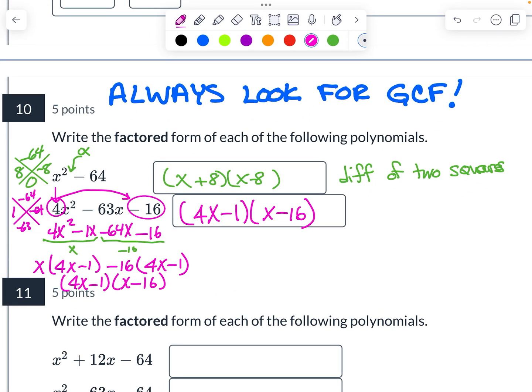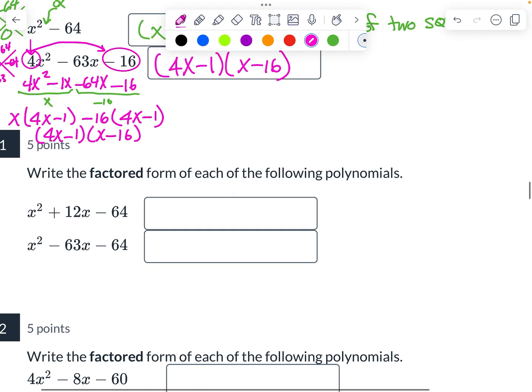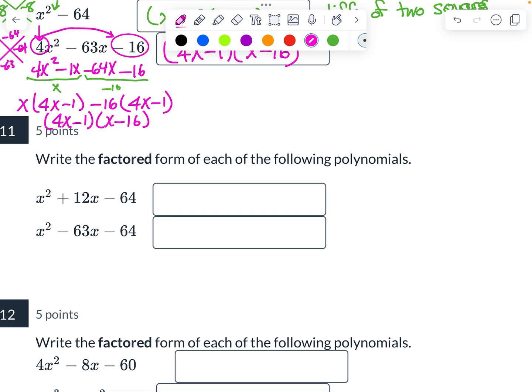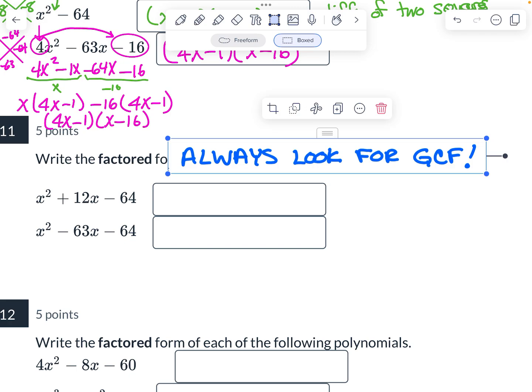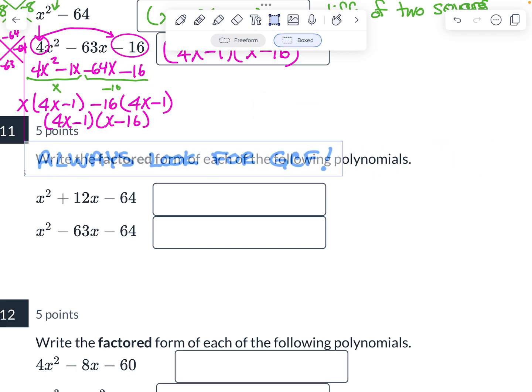Let's move on to number 11. Okay, number 11. Before we do anything, we are always supposed to look for greatest common factor. The very first one there is not. Okay?